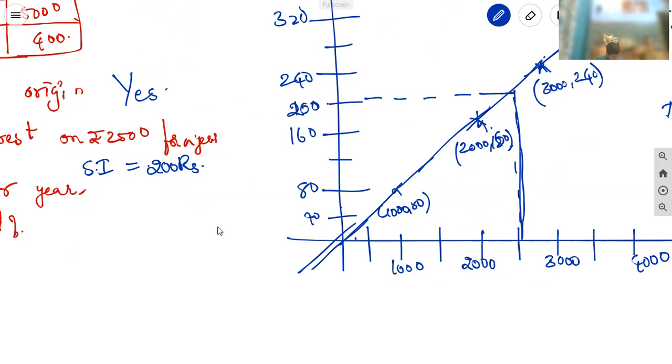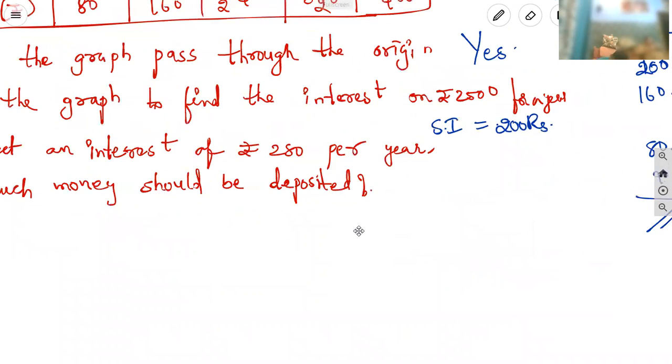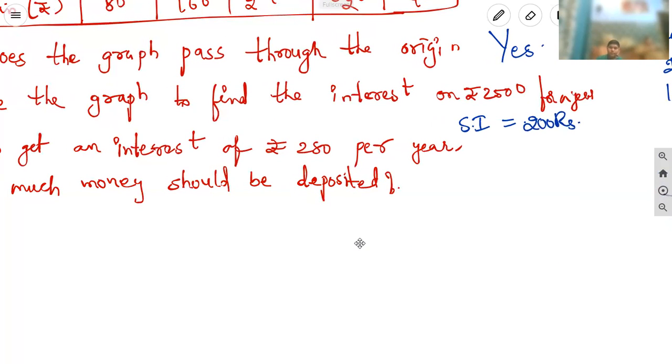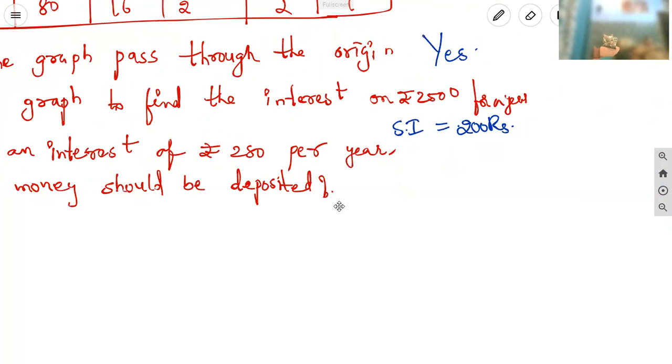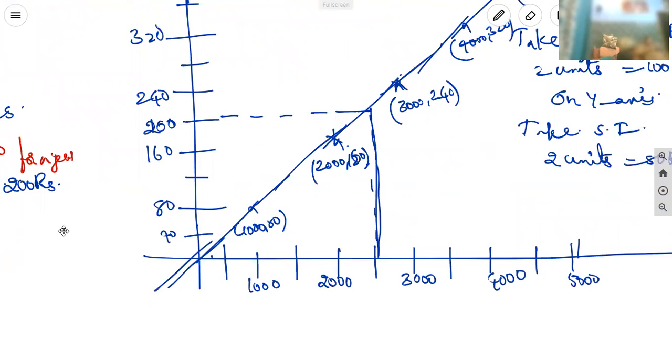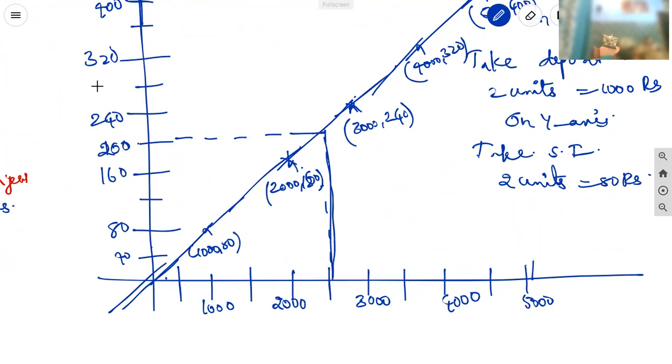Next, third question. To get an interest of 280 per year, how much money should be deposited? 280 means this is 240, this is 280.